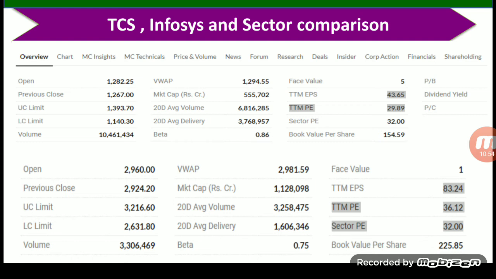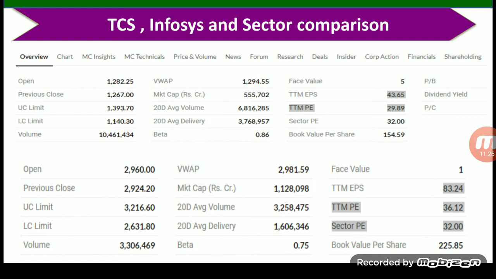We can conclude from this discussion that Infosys has a lower P ratio compared to TCS. On the basis of P ratio we can say that Infosys is cheap compared to TCS, we are getting it at a cheap price, and TCS is a little bit expensive.